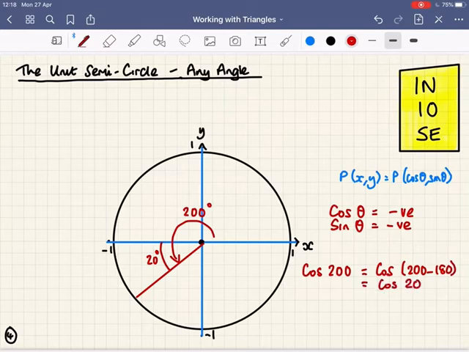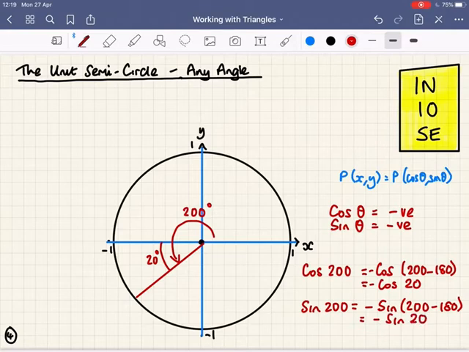But it's going to be minus because in both cases, sine and cosine, in that quadrant, the ratio is negative. Sine 200 will be the minus sine of 200 minus 180, which is equal to minus sine of 20.